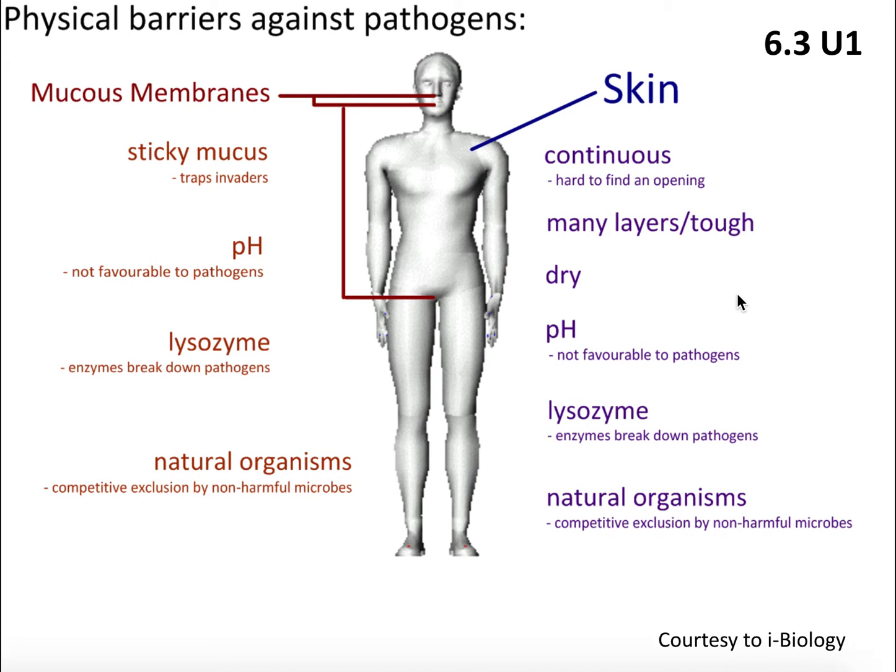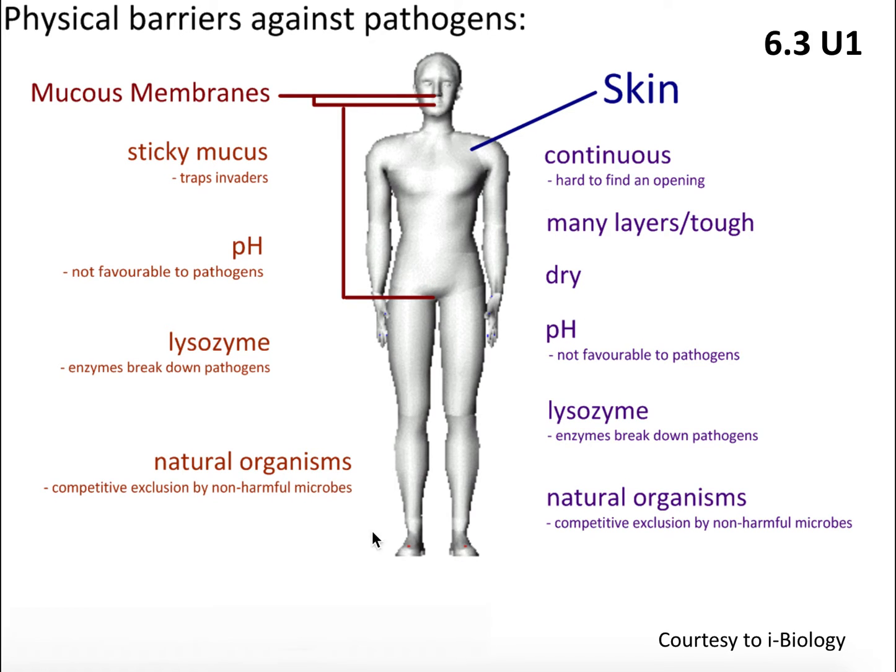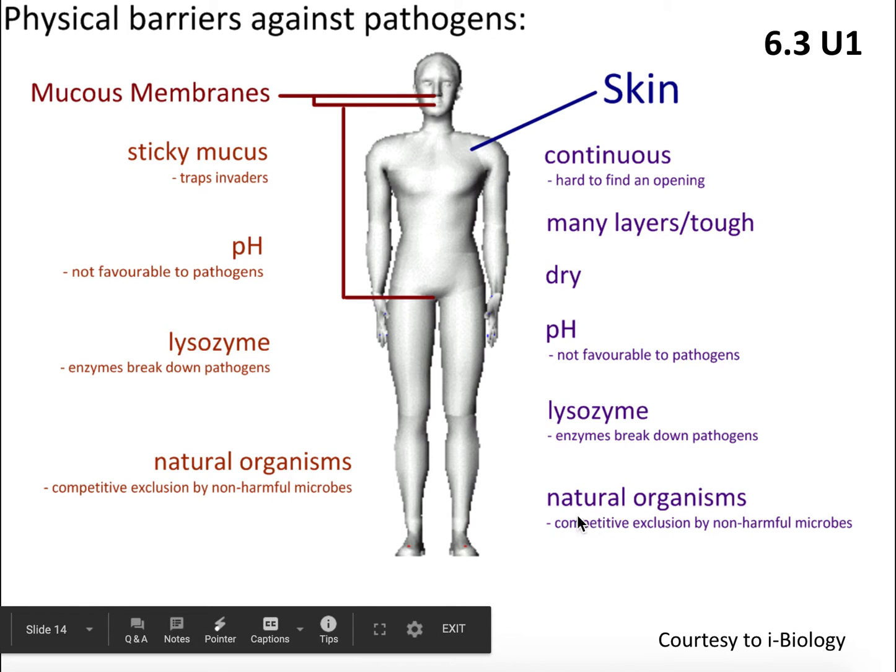It's not an environment that they can be successful in. We also have lysosomes within our skin cells, whose enzymes can break down pathogens before they get in. And then natural organisms. So it's competitive exclusion by non-harmful microbes. We do have some things living on our skin naturally, is what this means.